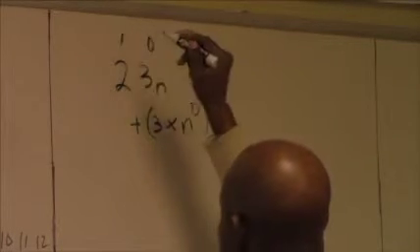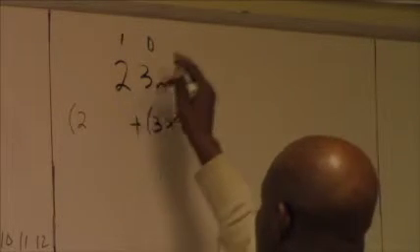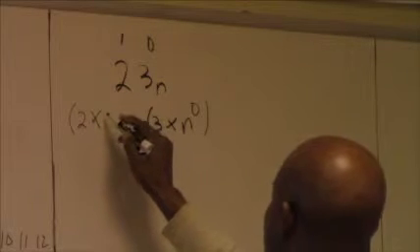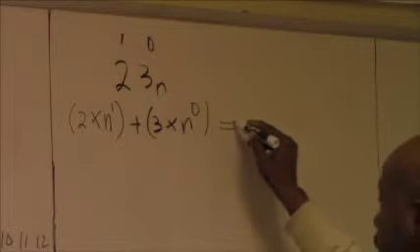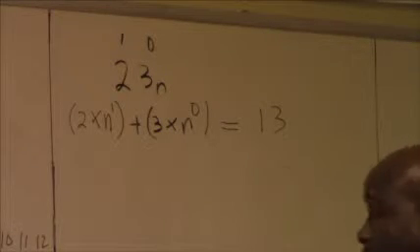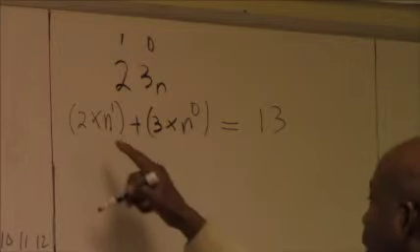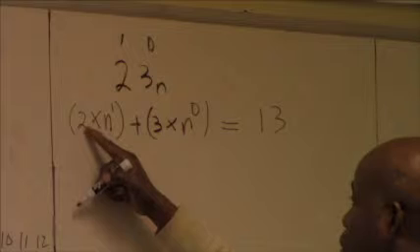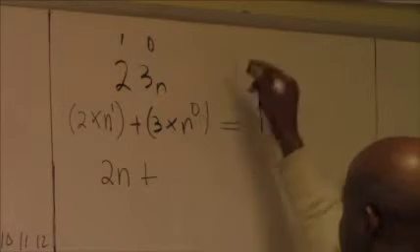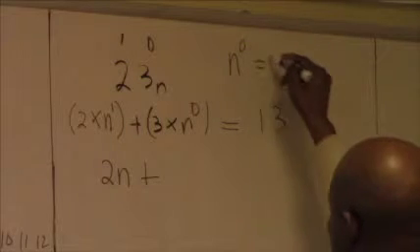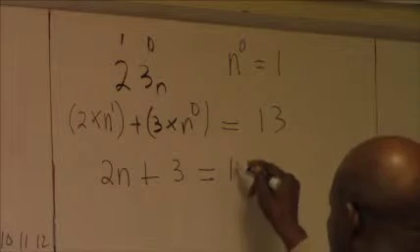The next one is going to be 2 times n raised to the first power, and this should be equal to our number 13 in the base 10 system. So we don't know what n is, but 2 times n is just going to be 2n plus 3 times n to the power of 0. Anything raised to the power of 0 is equal to 1. So I have 1 times 3, that will be 3, equals 13.